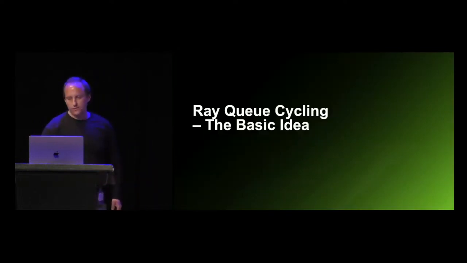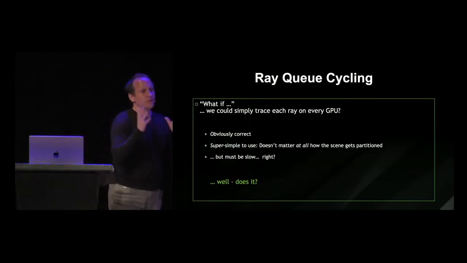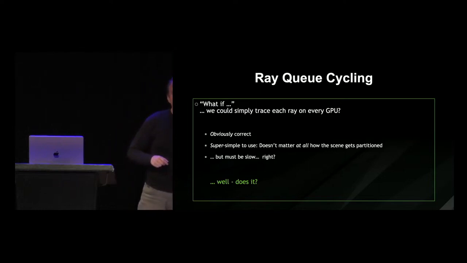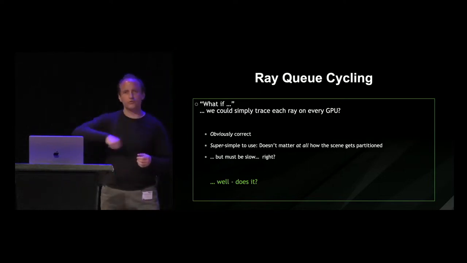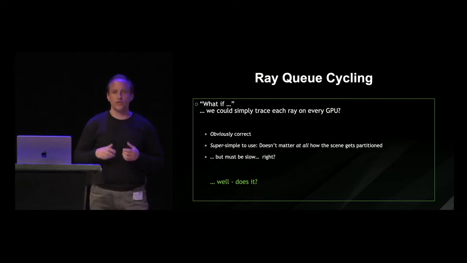The idea is really simple. What we came up with is, what if we take the data, just think triangle soup, and chop the data into pieces so that we use as few GPUs as possible, and then generate rays on each GPU, and cycle those rays through so that in the end, every GPU has traced every ray, and then return them to the GPU that is responsible for shading, and perform shading there.